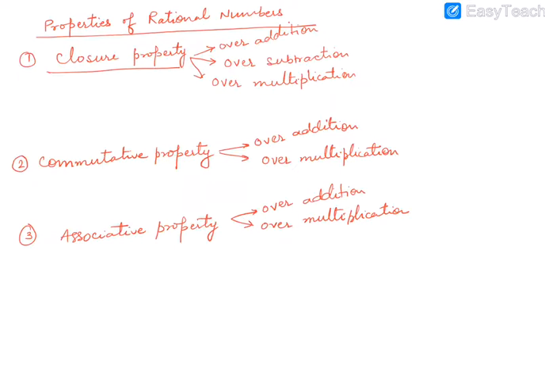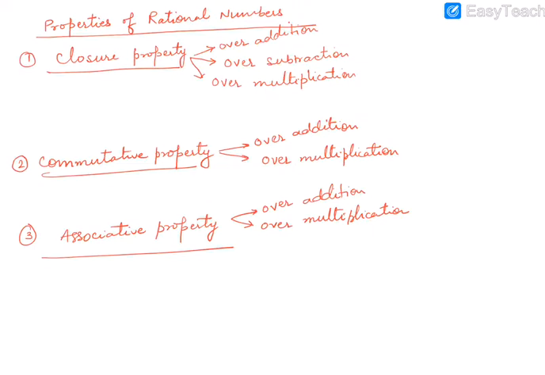Basically these properties are not new for you. When I taught whole numbers and integers, I already discussed these properties many times. So again today I'll discuss these properties with regard to rational numbers. So what is closure property? Closure property says that when we add 2 or more rational numbers, the answer is also a rational number.